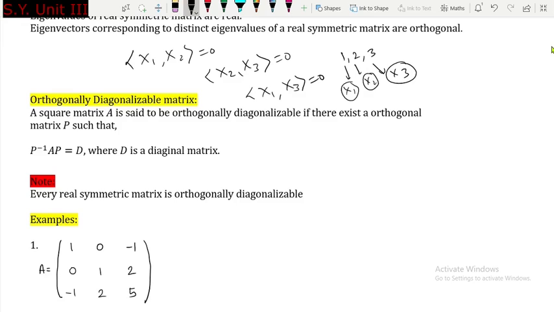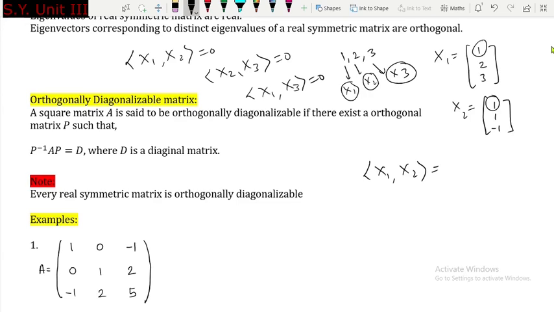You already know how to find the inner product. Suppose I have two vectors, x1 is 1, 2, 3 and x2 is 1, 1 and minus 1. What will be the inner product of x1 with x2? Simply take the product of the corresponding elements and add them.